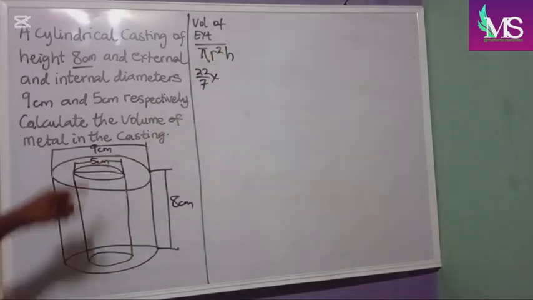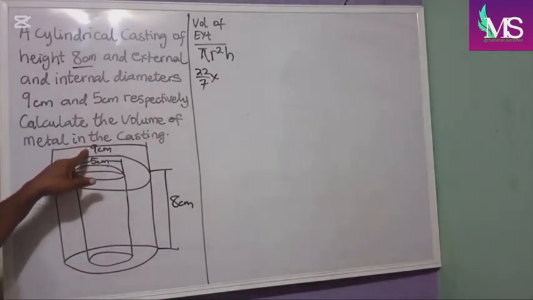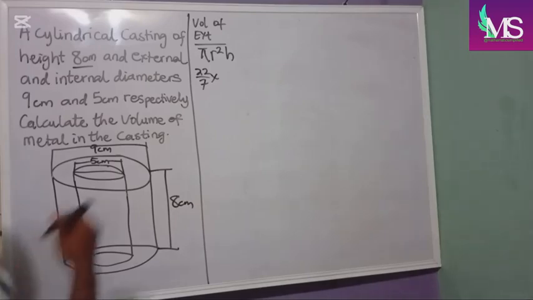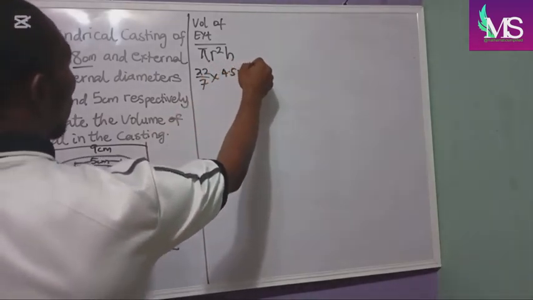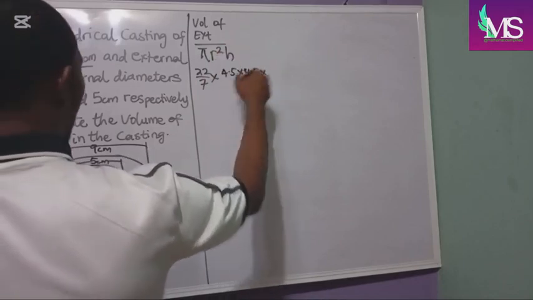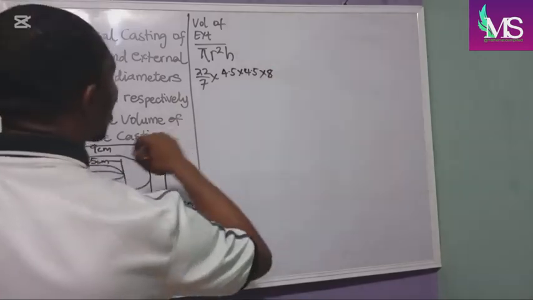Since our diameter is 9 for the external, half of it will become 4.5, times 4.5, that is the square, times 8, which is our height.